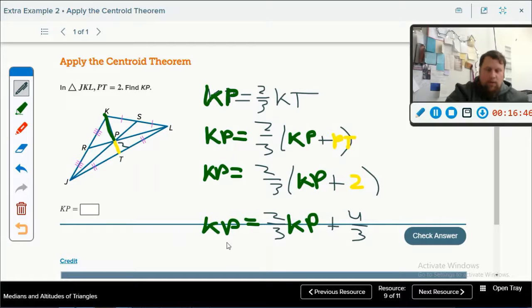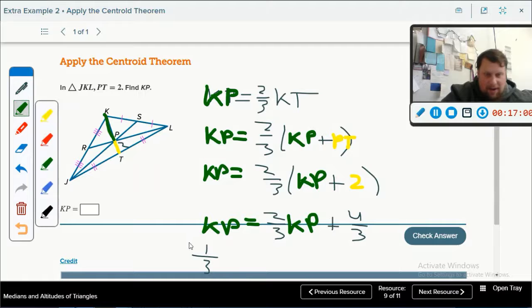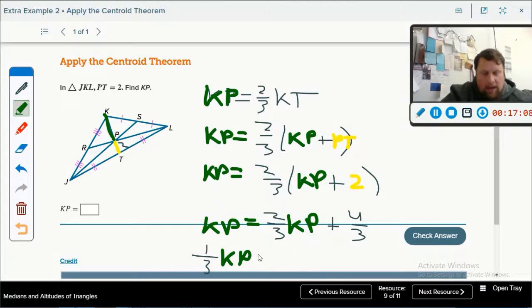When I subtract this over, remember guys, I know part of your brain is going to be thinking, oh, that's 2/3, so I got 1 whole minus 2/3. And so what's that going to be? That's going to leave me with 1/3 times KP. And 1/3 KP is equal to 4/3.